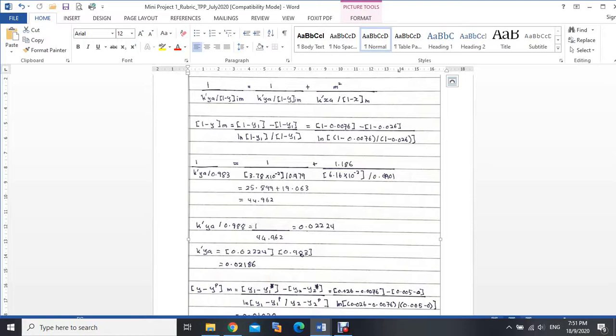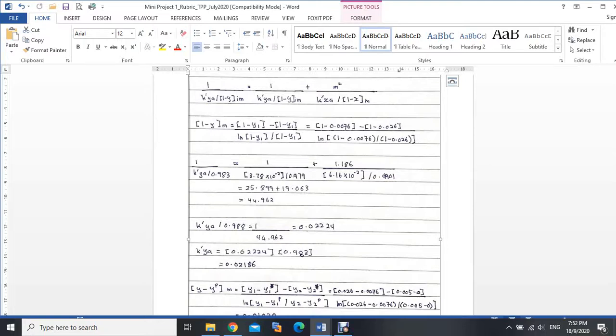K prime XA and K prime YA we can get from the question, and then after that we can solve for K prime YA by rearranging the equation, and after we get K prime YA, we substitute back into the equation.